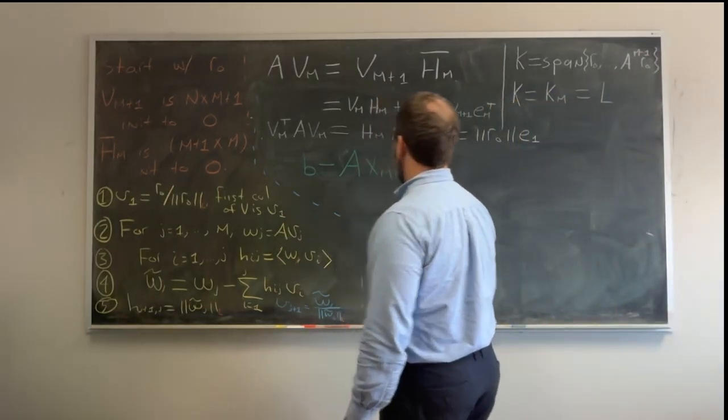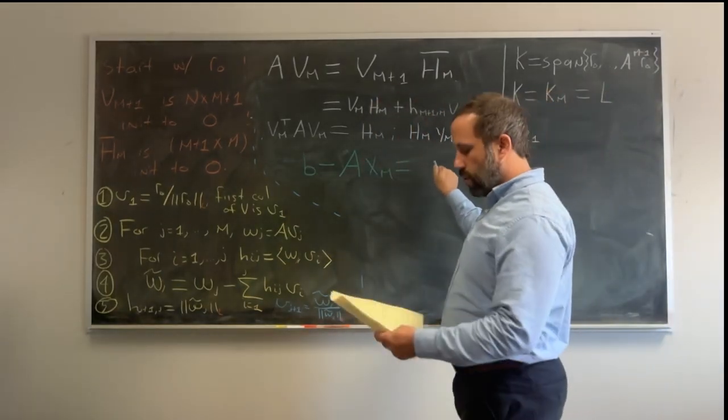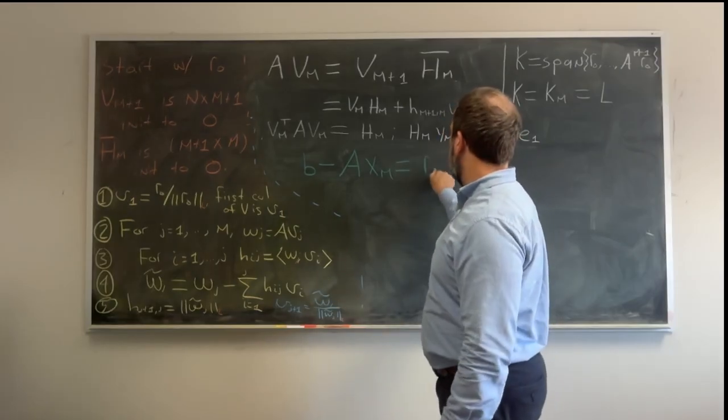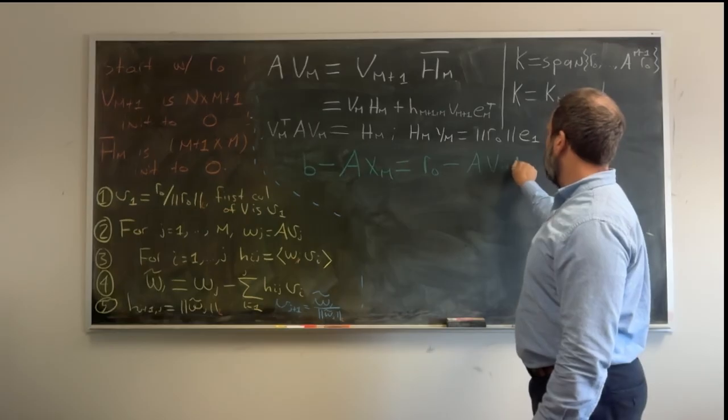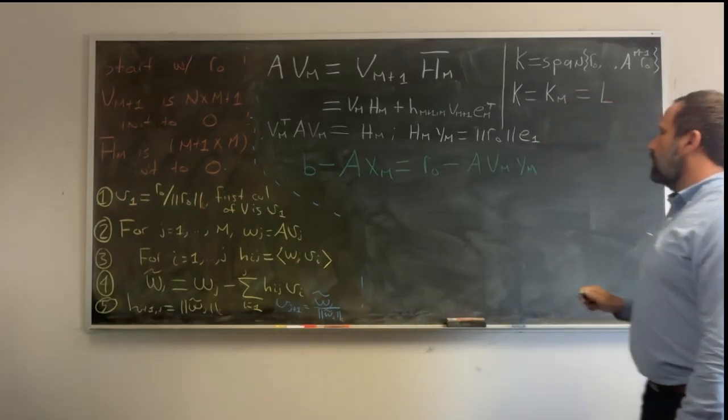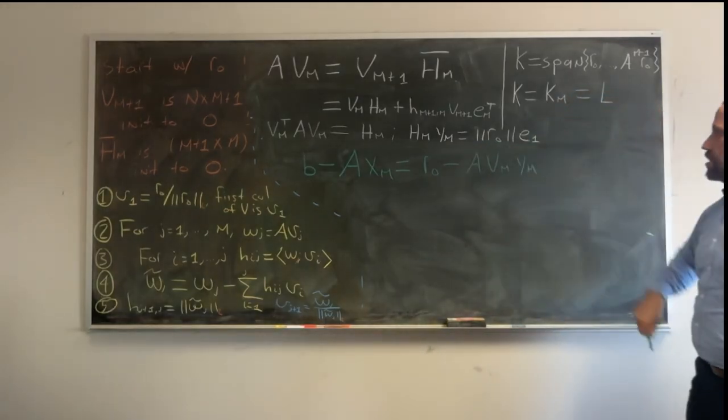So b minus A x_n, well, we already saw that we can write this as r naught minus A delta, or minus A Vm Ym. Okay, so again, where Ym is the solution to this problem up here.